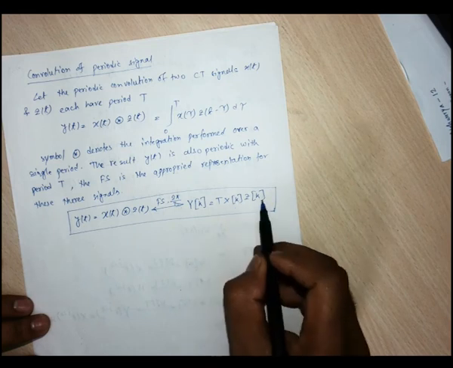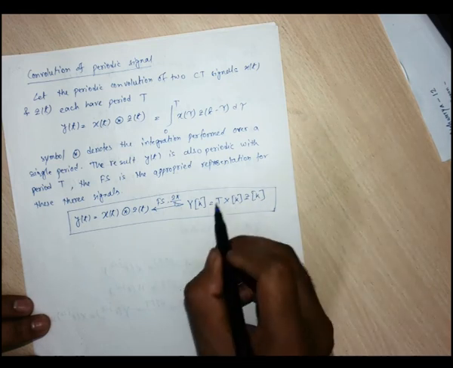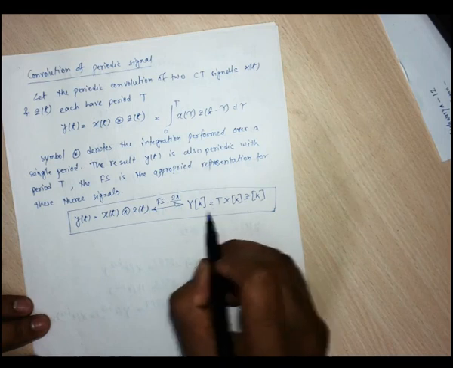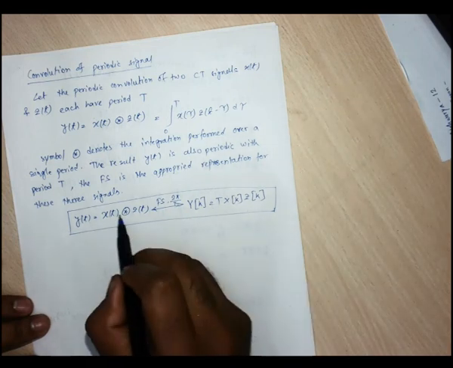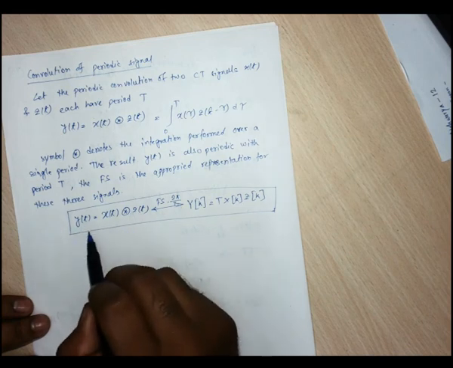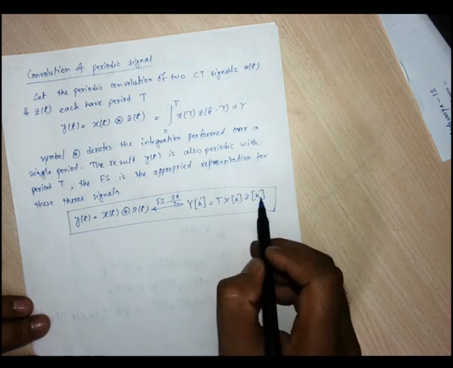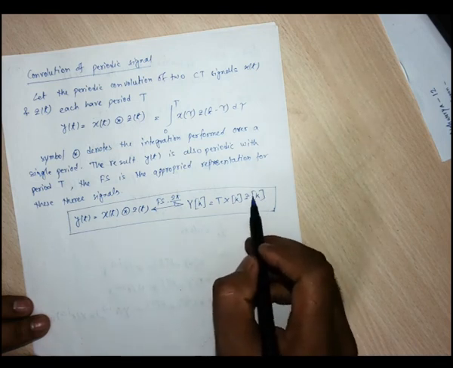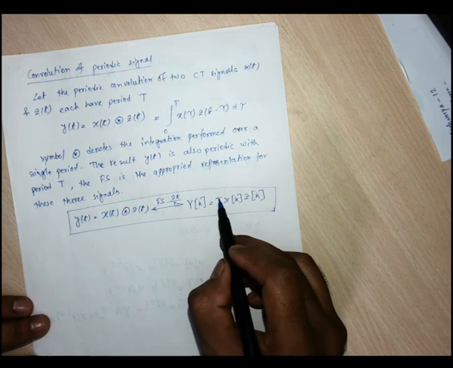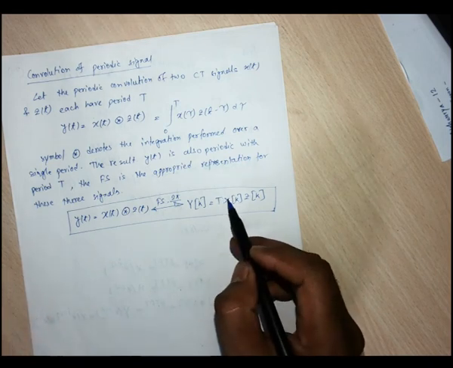If we take the Fourier series of these two periodic signals, then simply multiplying them together with the period T results in the convolution. So when two periodic signals are given and we need their convolution, we go with the Fourier series, then multiply the two Fourier series along with the period T, and that gives the convolution of the periodic signals.